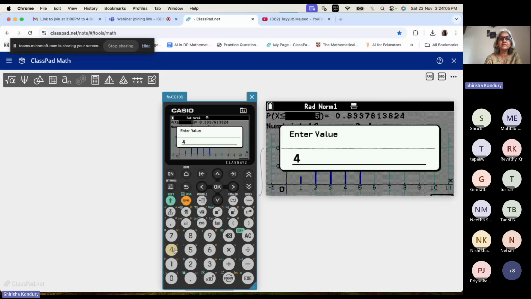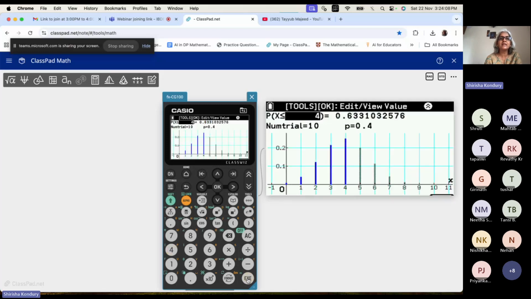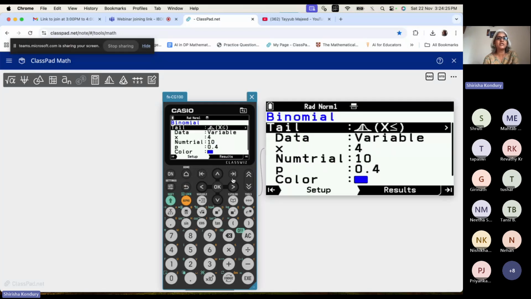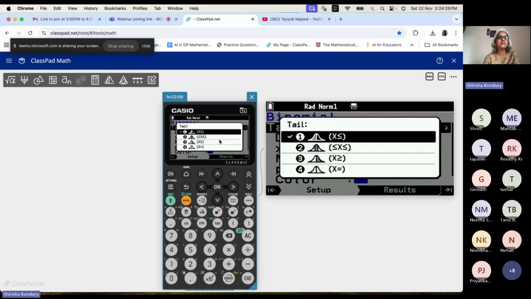Say, for example, if I change this, then it gives me the options for other things also. So I don't need to go back and change everything. I can change here also and check for the details. Similarly, the greater than tail or the in between tail. So whichever question you have, all the options are available here.